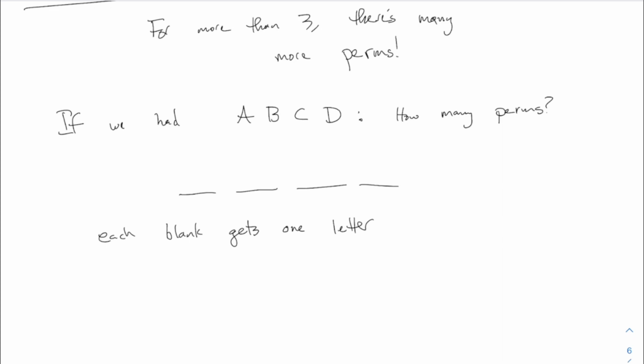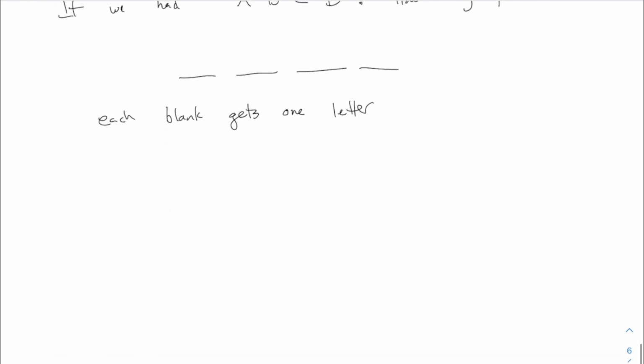If I have 4 options, A, B, C, or D, and I fill in the blanks left to right, I have 4 choices for what could go first, right? It could be the A, B, C, or the D. So the first blank has 4 options.